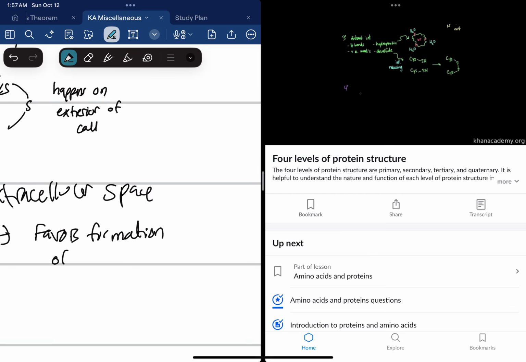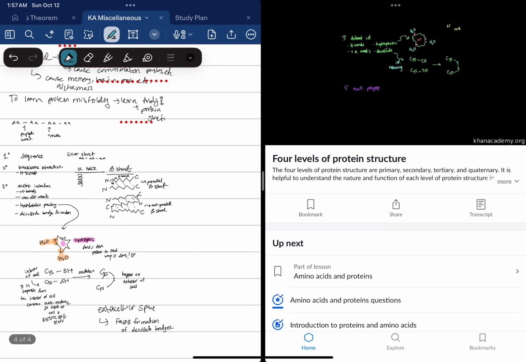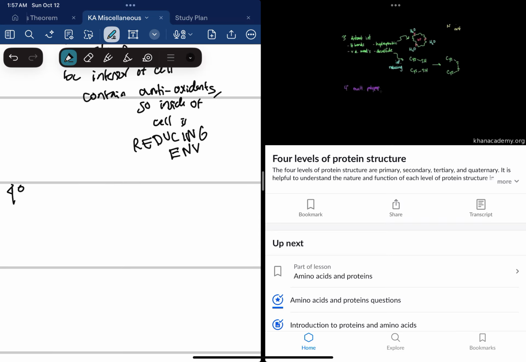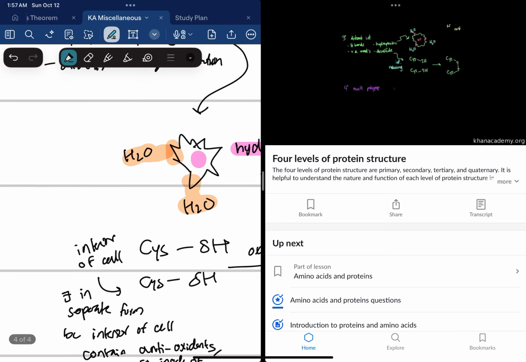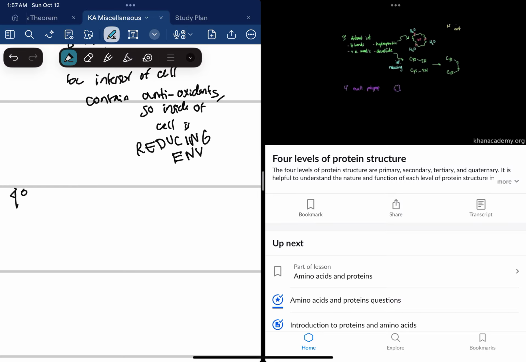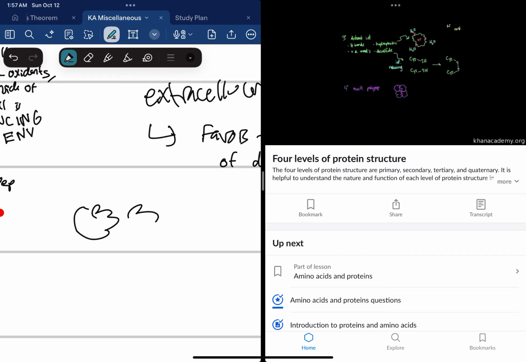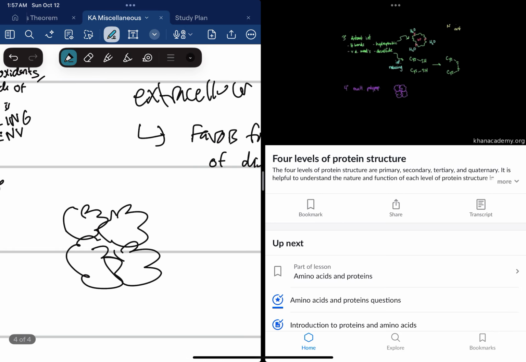And quaternary structure describes the bonding between multiple polypeptides. The same interactions that determine tertiary structure play a role in quaternary structure. And so let's say I have one folded up polypeptide, two folded up polypeptides, and a third and a fourth. The quaternary structure is described by the interactions between these four polypeptides.